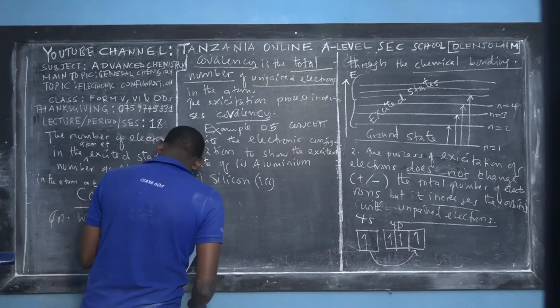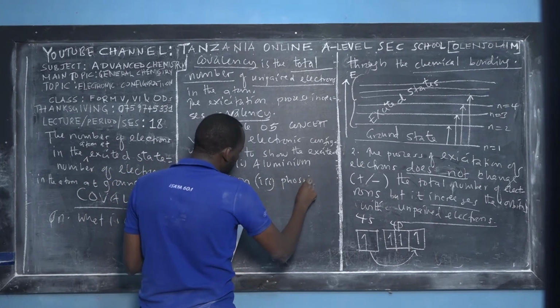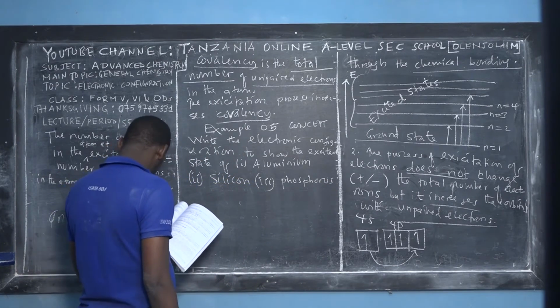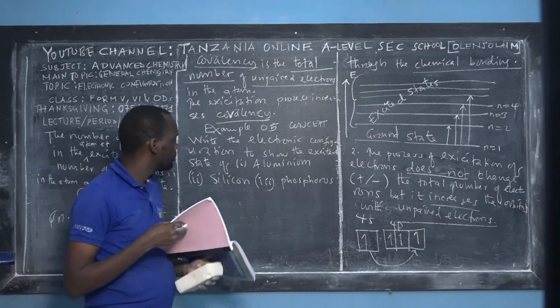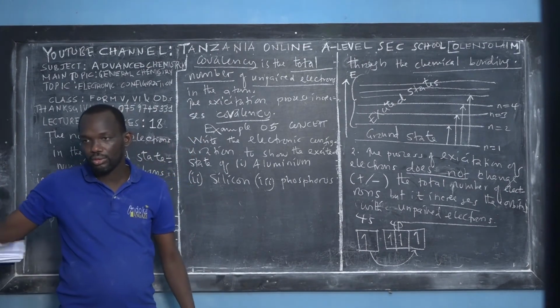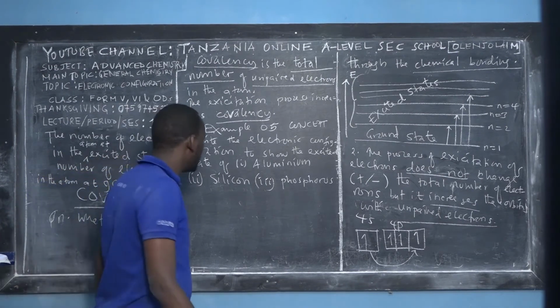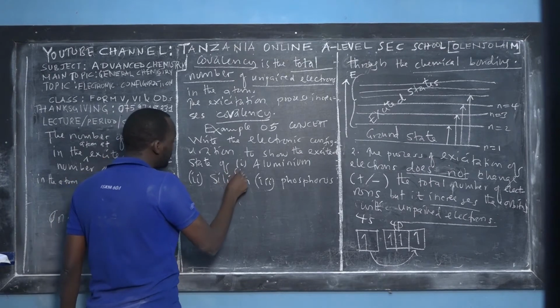Roman 3, phosphorus. So I will solve 2, and then I'll solve for aluminium, phosphorus. Silicon will be your homework.